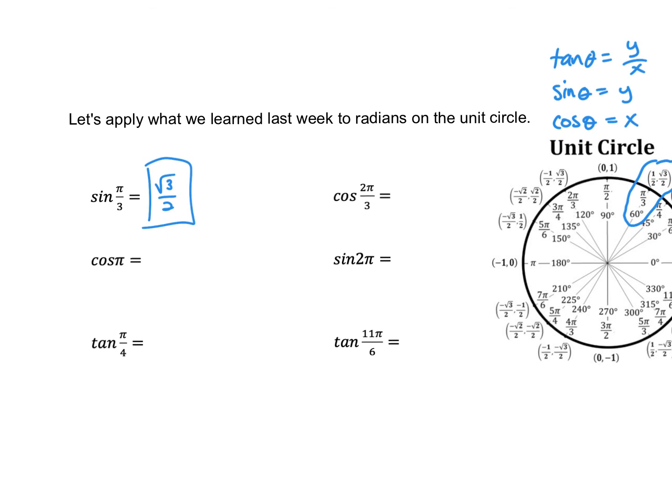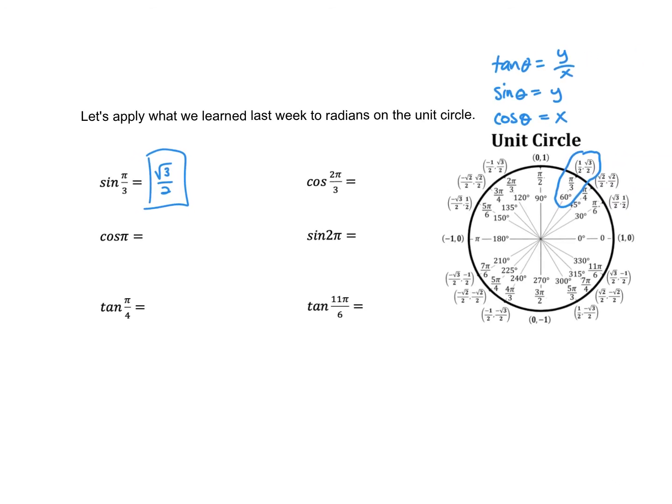It's the same kind of idea as what we did with the previous homework. The only difference is we are doing it in radians and not degrees. Okay, next one, cosine of 2 pi over 3. So 2 pi over 3 is right here. And we're going to do the cosine value, which is the x value, and that's negative 1/2.